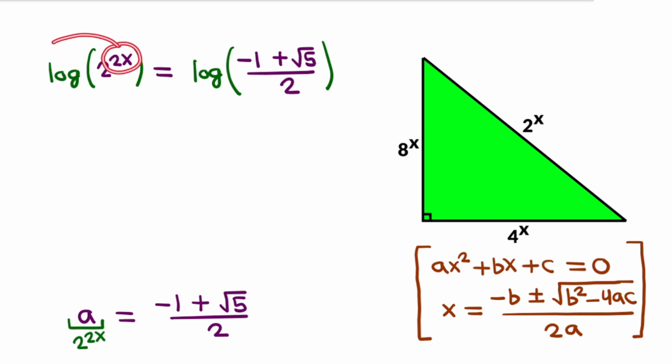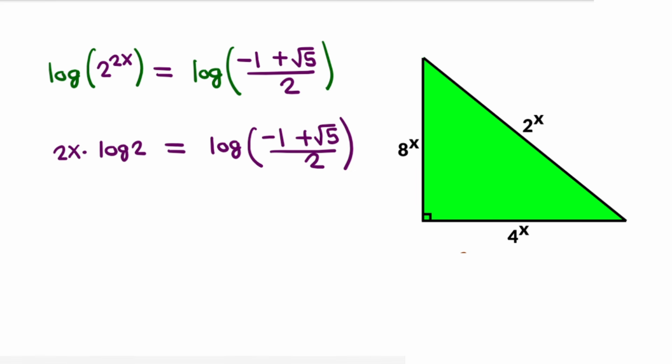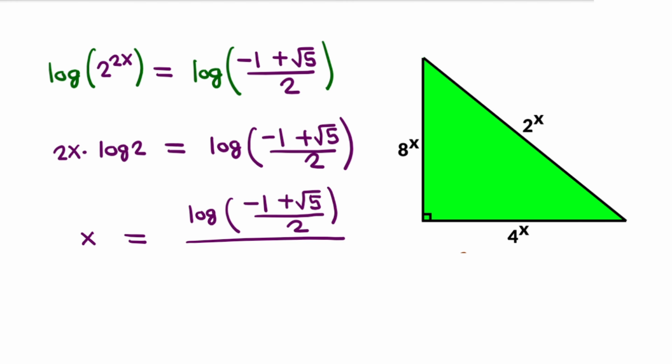The exponent comes down in front, giving 2x times log 2 equals log of the quantity negative 1 plus the square root of 5, all divided by 2. Dividing both sides by 2 log 2 gives x equals log of the quantity negative 1 plus the square root of 5, all divided by 2, all over 2 log 2.